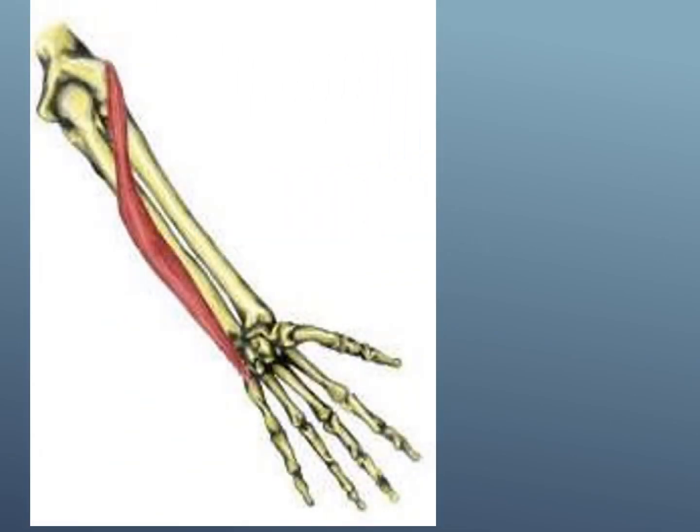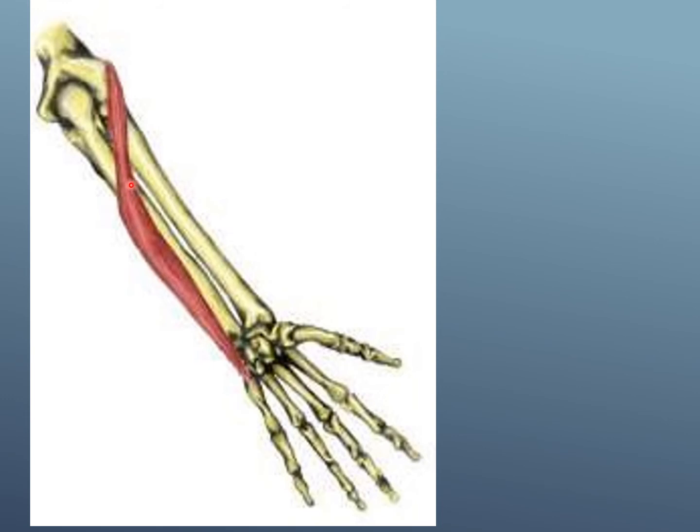Next muscle is extensor carpi ulnaris, which means it extends the carpal bones on the ulnar side. This is the picture of extensor carpi ulnaris. This is the ulnar side because the ulnar bone is there, the medial side, and this is the lateral side of the forearm.